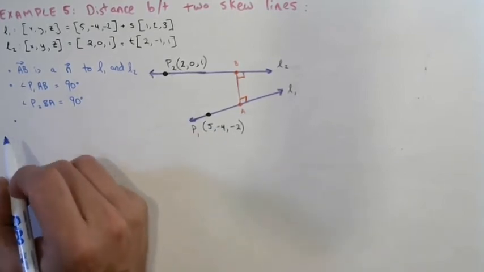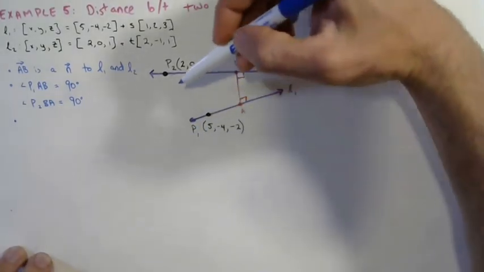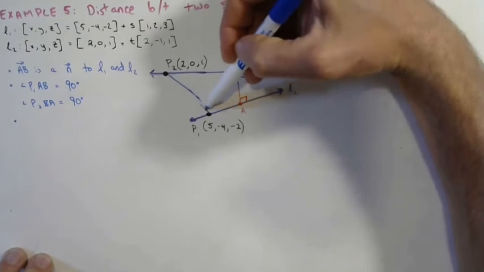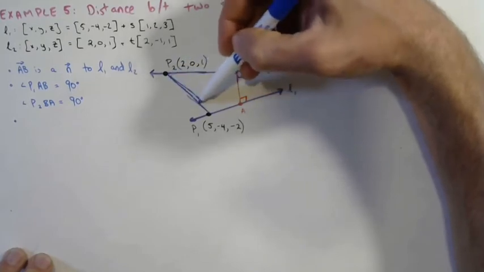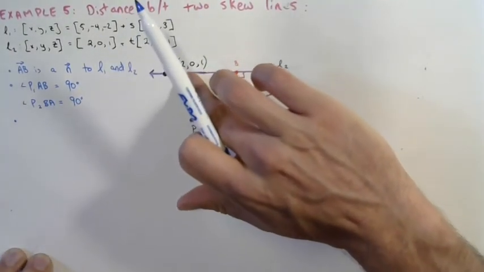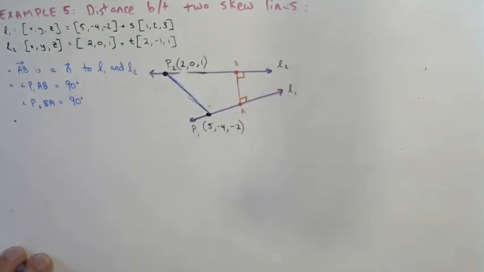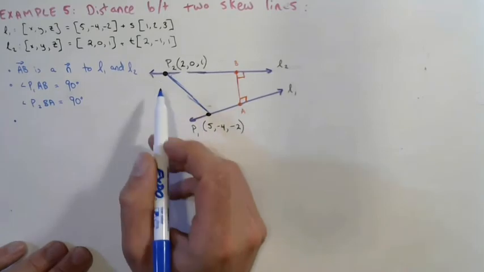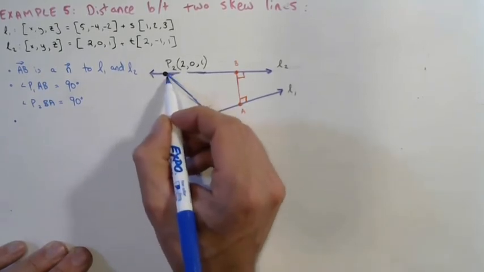So now I'm going to connect these, P1 to P2 or P2 to P1, however you want to think about that. That's a terrible line, but you get the point. This is now the vector P1P2. Put an arrow on there, P1 to P2.